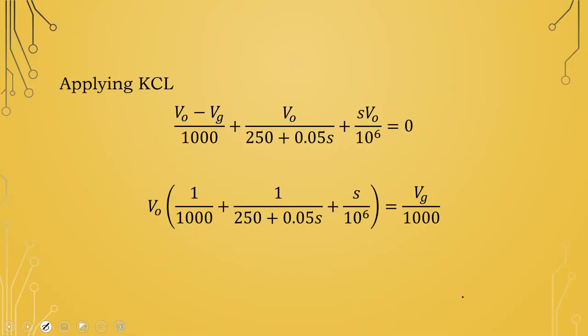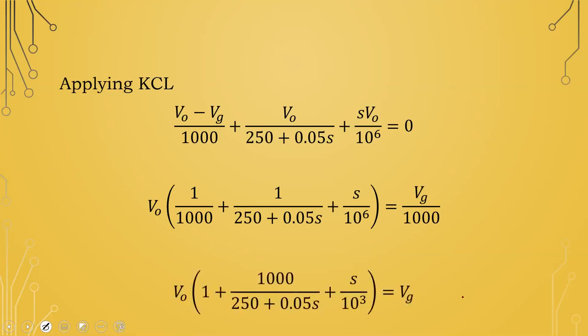So I just move the Vg over 1000 to the right hand side and I have V0 on the left hand side. I want V0 over Vg. All right. So I do a little clean up first.